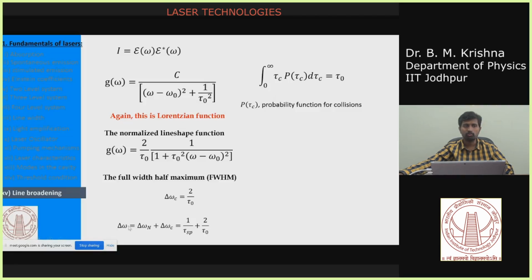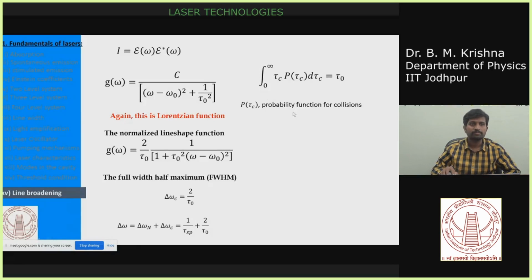So your delta omega, the line width, is the natural line width plus the collision broadening line width. If any other broadenings are there, they will keep adding, giving you the broadened spectrum. So much for the collision broadening.